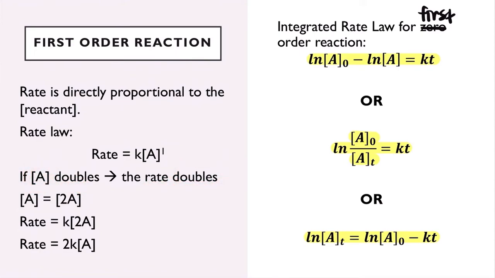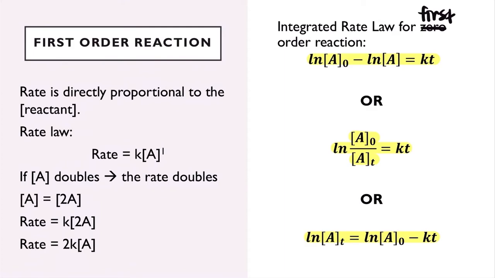So basically, kalau dia triple, if you triple the concentration of A, then your rate will also triple. So first order reaction, bab-bab awak double ke, triple ke, quadruple ke, dia simple je lah.